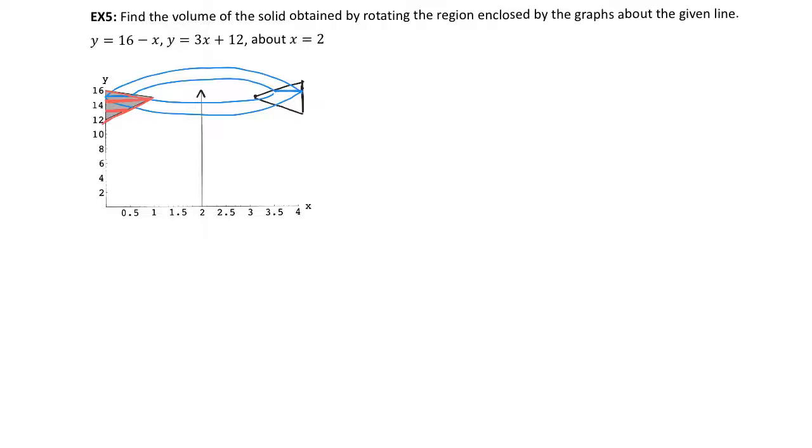But whenever you look at washers that are below 15, so from 12 to 15, you're going to be dealing with this increasing graph. That means that we're going to have to calculate two separate integrals in order to calculate the volume. A piece of the volume is going to come from the washers that use the decreasing line over here, and the other piece of the volume is going to come from this graph over here that is increasing.